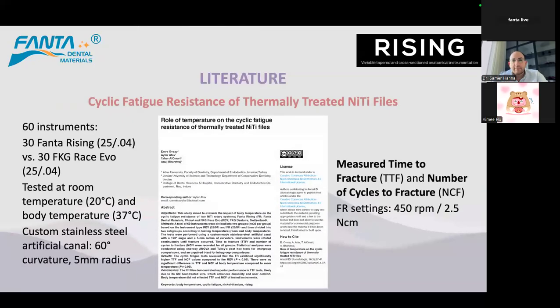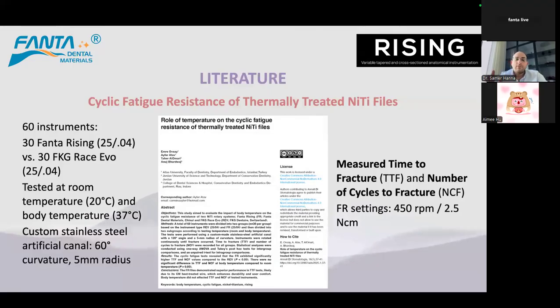Then we look at the second paper, which was the role of temperature on cyclic fatigue resistance of thermally treated NiTi files. This is where we got 60 instruments, 30 of them were Fanta Rising 2504, and 30 were Race EVO. They were tested at room temperature and at body temperature, so 20 degrees Celsius and 37 degrees Celsius.